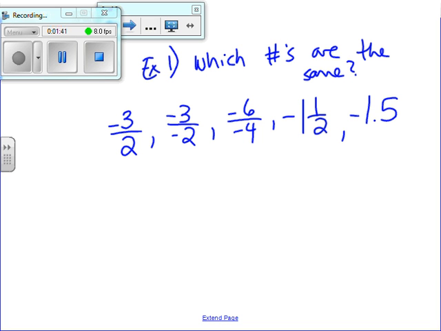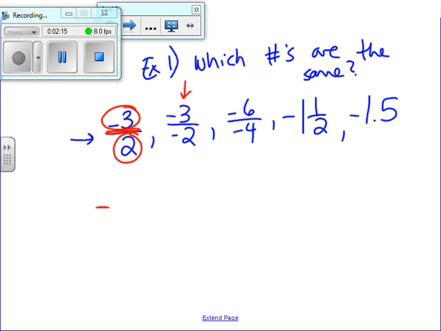So what I'm going to do is try and get them all in the same form. I'm going to either convert them all into decimals or all into fractions. In this case, this is a really easy one to work with. I'm probably going to convert them all into fractions, but I need to know which one is positive and which one is negative. So this first one has a negative divided by a positive, so I know that in the end that's going to be a negative.